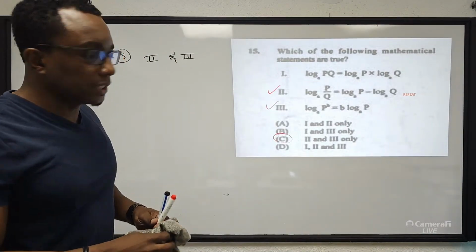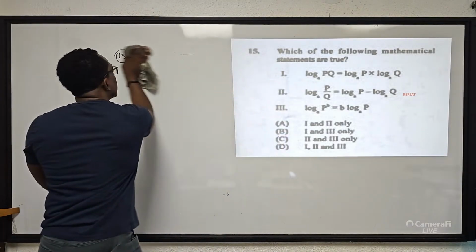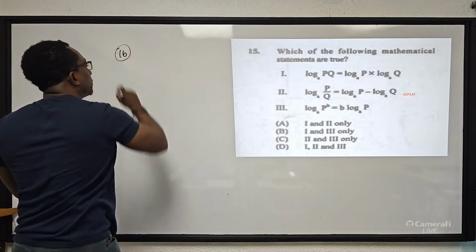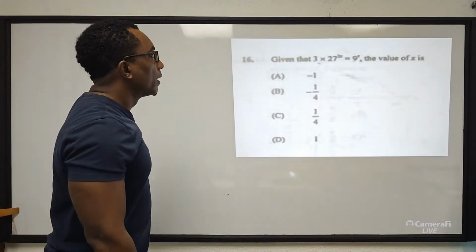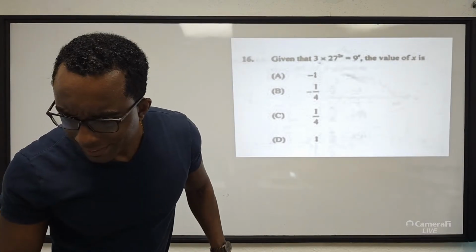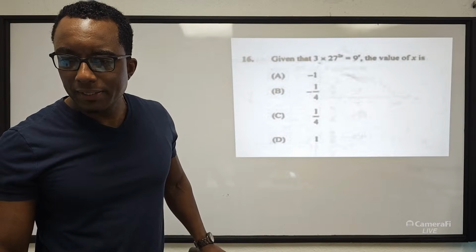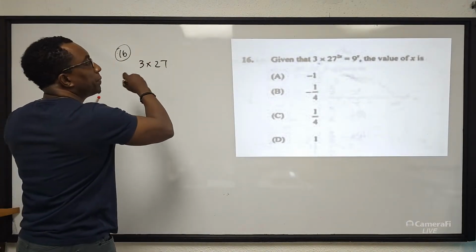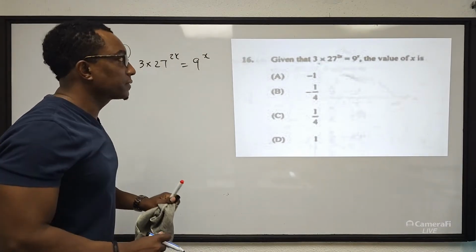Alright, let's look at question 16. So 16, we have 3 to the power 3 multiplied by 27 to the power of 2x is equal to 9 to the power of x.